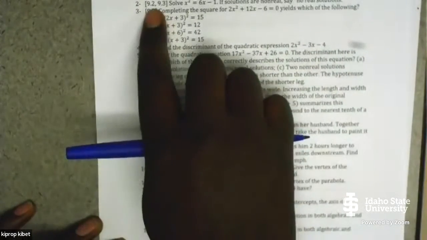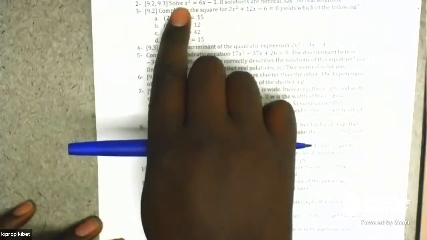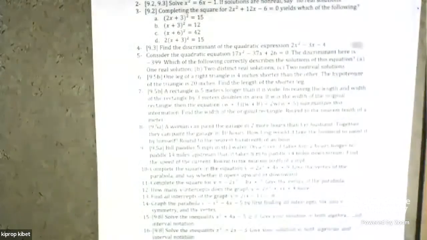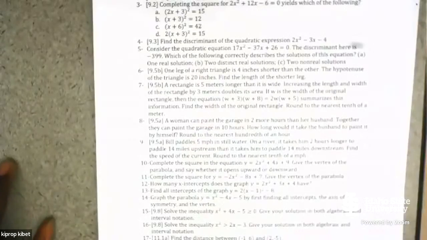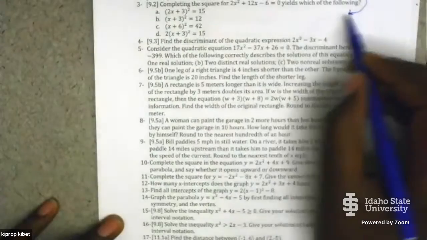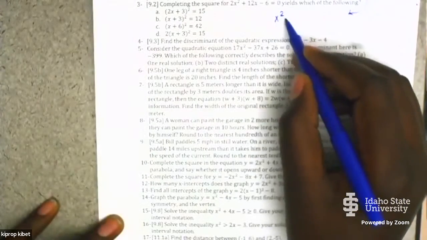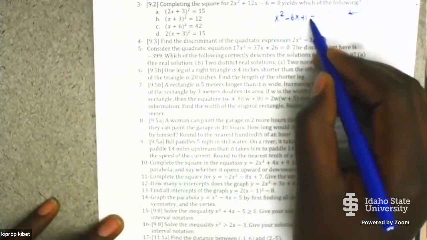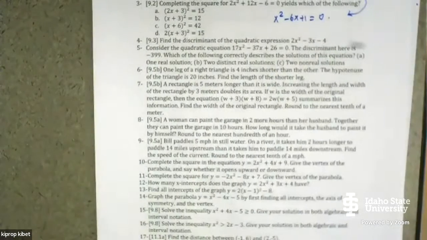So again, 9.2, 9.3, which is number 2 there. So x squared equals 6x minus 1. So that is a quadratic equation here. So it is similar to x squared minus 6x plus 1 equals what? Equals to 0. So you can use any method.